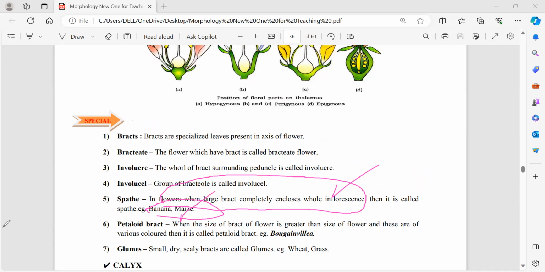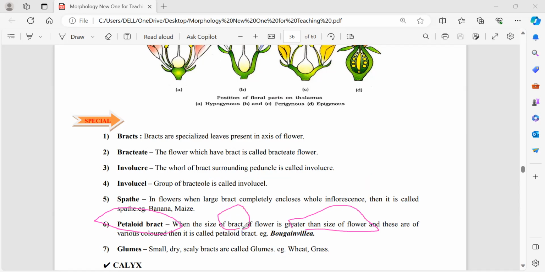Now we have another condition, petaloid bract. The literal meaning of petaloid bract is petal-like bract. When the size of the bract of a flower is greater than the size of the flower, when the bract becomes too massive and bigger than the flower, and these are of various different colors, they become petal-like.